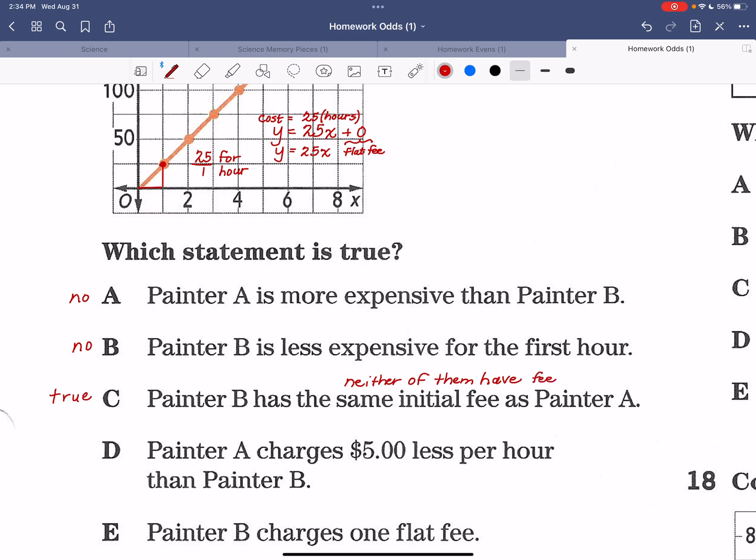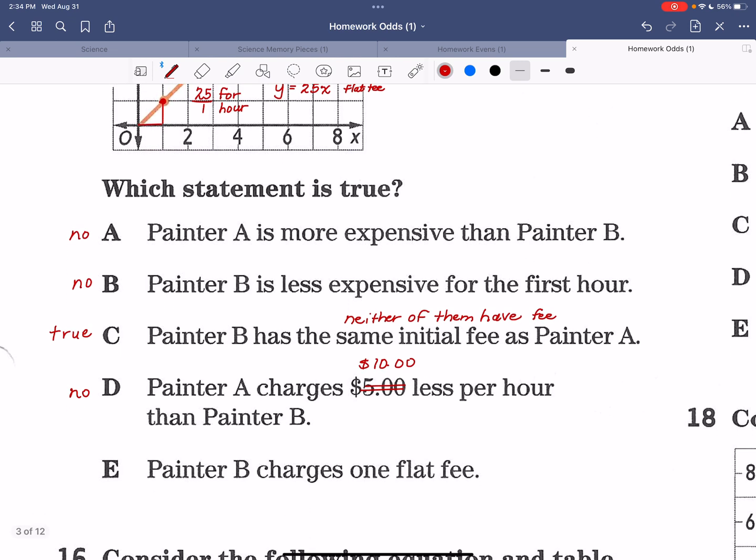So that's a little tricky, I think. Painter A charges $5 less per hour than painter B. That's not true. They charge $10 less an hour. So that would not be true. And painter B charges 1 flat fee. No, painter B charges an hourly fee. So this is C.